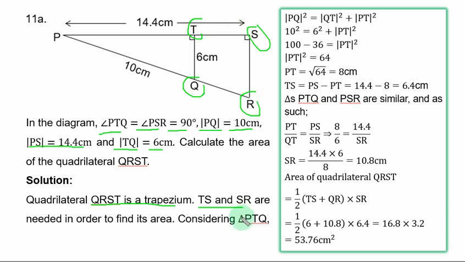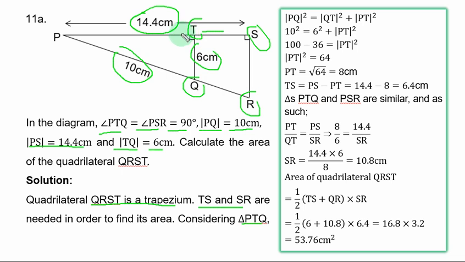Considering triangle PTQ, for us to get this length, let us get PT first, subtract it from 14.4, then you get this length. That is why we are considering triangle PTQ, because you know 10 as one side of that triangle and 6 as another side.